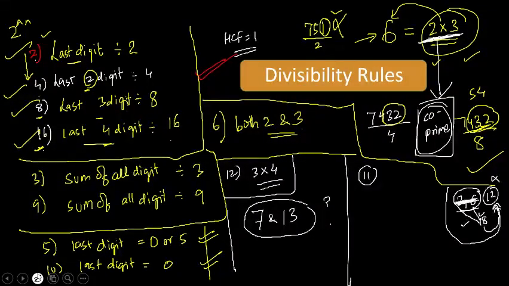What is the rule of 11? Anyone knows? So for 11, what we do is just add the sum of odd places.